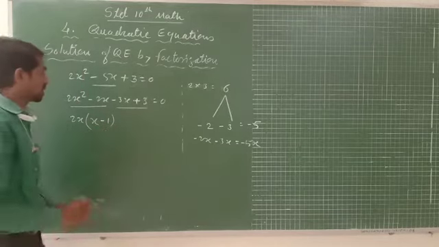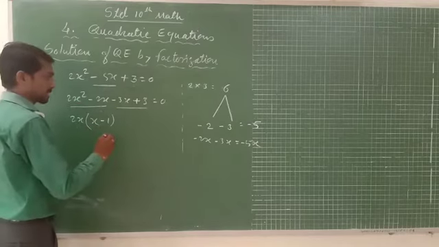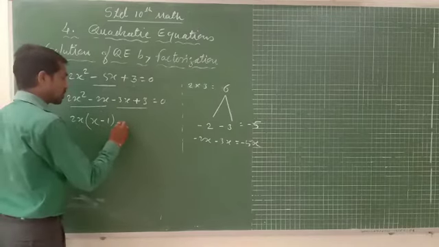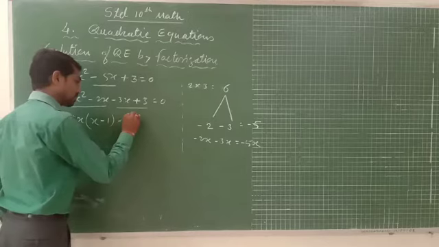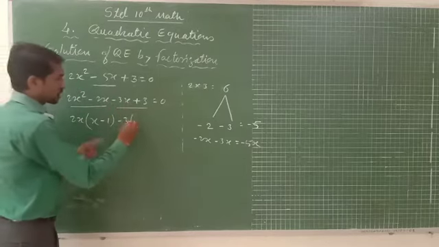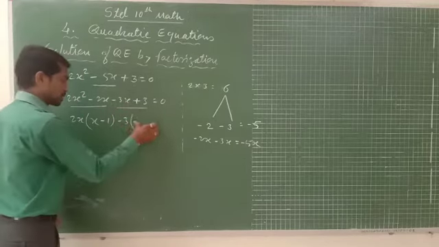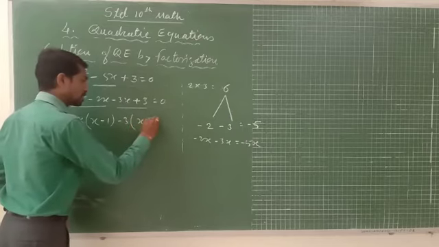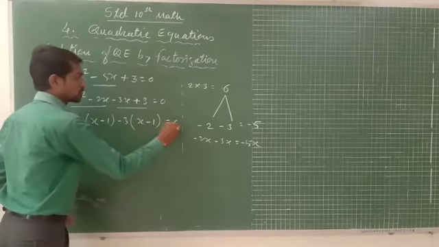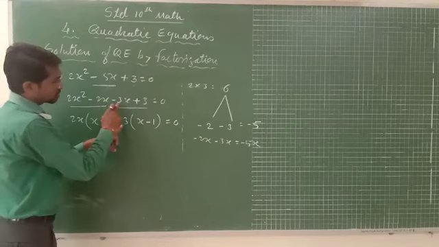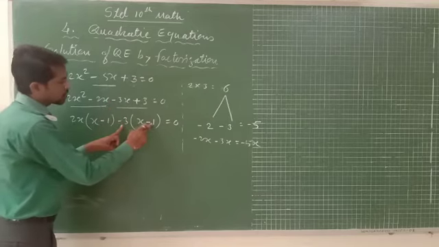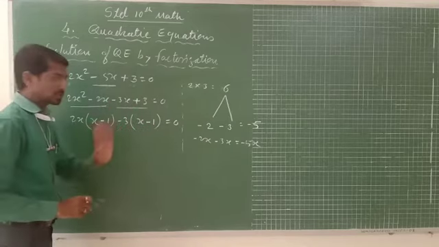So what is common here? If I take -3 common, it is x minus 1 is equal to 0. Check. -3 into x is minus 3x, -3 into -1 is plus 3. Is it? Like this one.